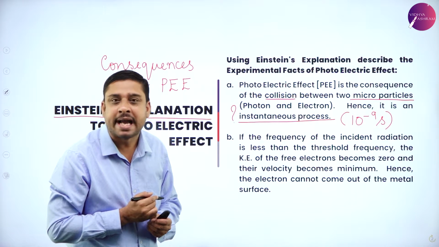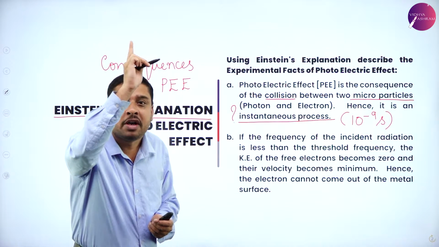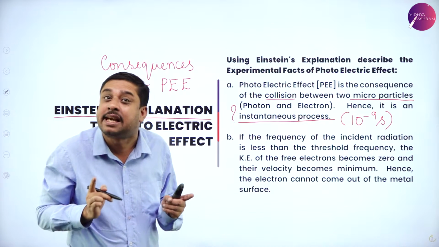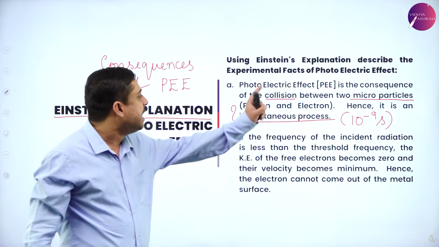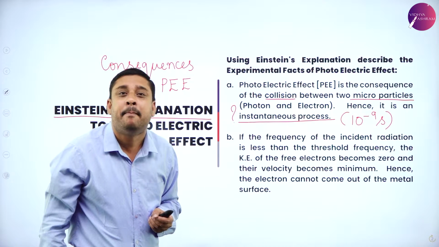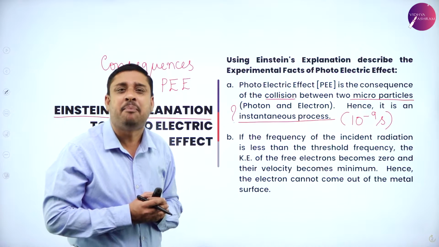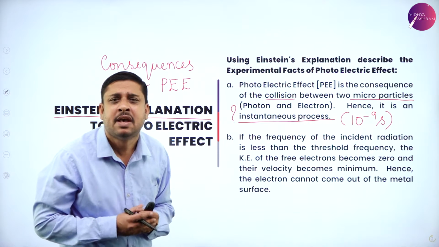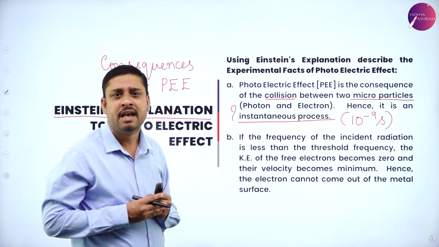Go back to Einstein's explanation. When photon falls on the metal surface, elastic collision is happening. And he says it is a collision between two microparticles, two subatomic particles, two particles which are very, very small in size.